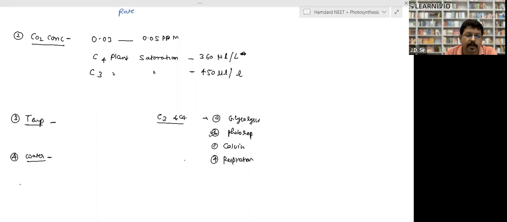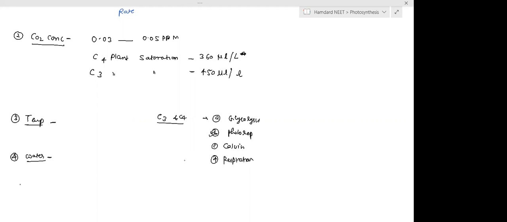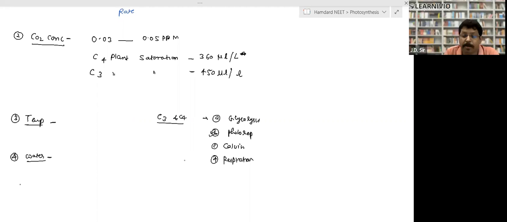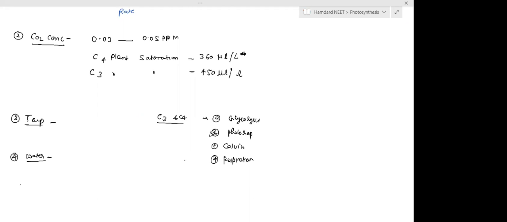Whenever we count the concentration of any gas in the atmosphere or anywhere, we use ppm. So 0.03 to 0.05 is in normal conditions, where we live, like in your room, around your house, if it's not an industrial area.